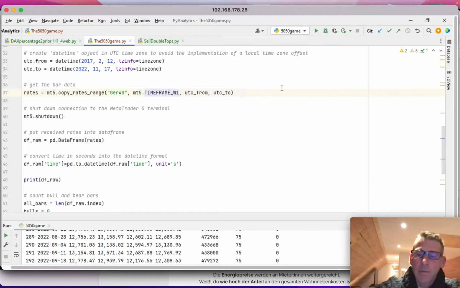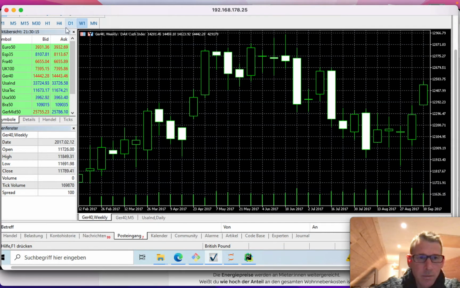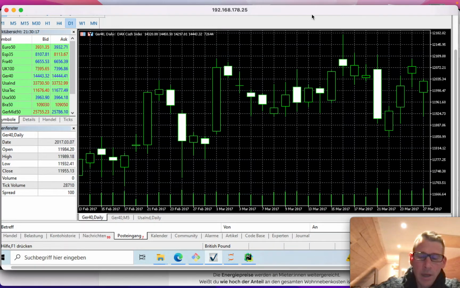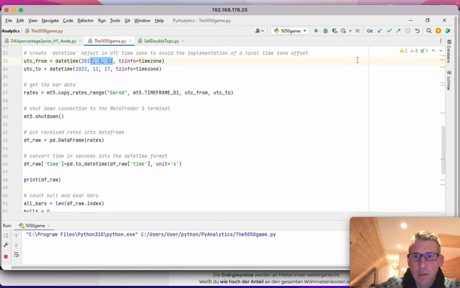Let's switch the time frame to the daily bars. I have to check daily bars. How many can I get? It's the same time frame, all right. So I don't need to change this, just switch to daily bars and go.